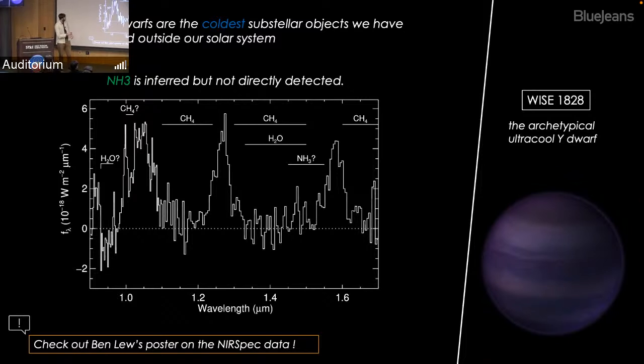And you see here this methane absorption, water absorption, and a tentative hint that ammonia is there. Generally, ammonia has been shown to be there indirectly, just to explain the color, the full SED, when we also look at the Spitzer photometric points and the WISE photometric points. Generally, check out Ben Liu's poster on the near-infrared data of this object we also got this July.